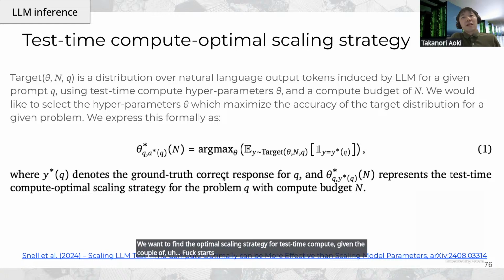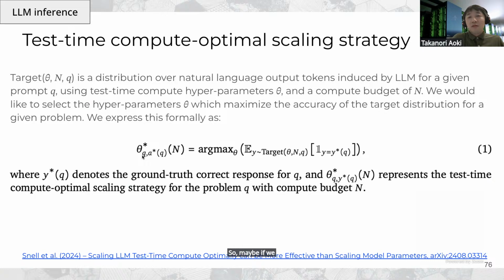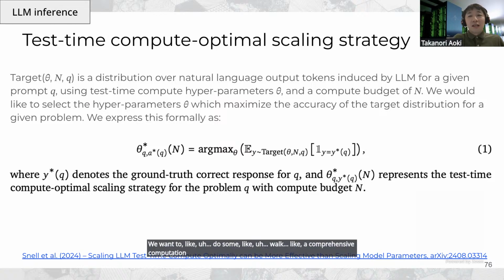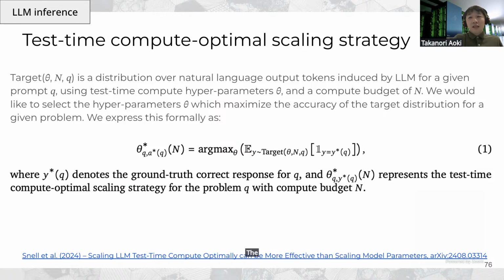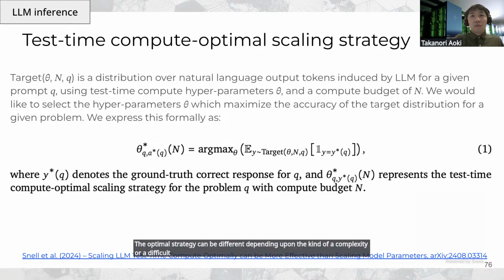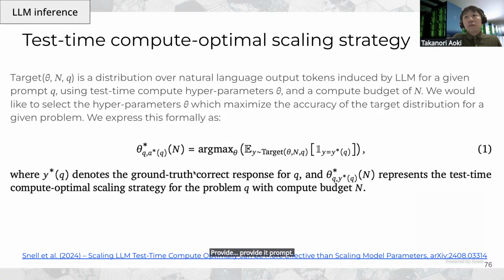The first factor is the prompt, that is Q. If we want to address a difficult prompt, we want to do more comprehensive computation, and for an easier prompt, maybe we do something different. So the optimal strategy can differ depending on the complexity or difficulty of the provided prompt. And n is the number of parameters, and so on.